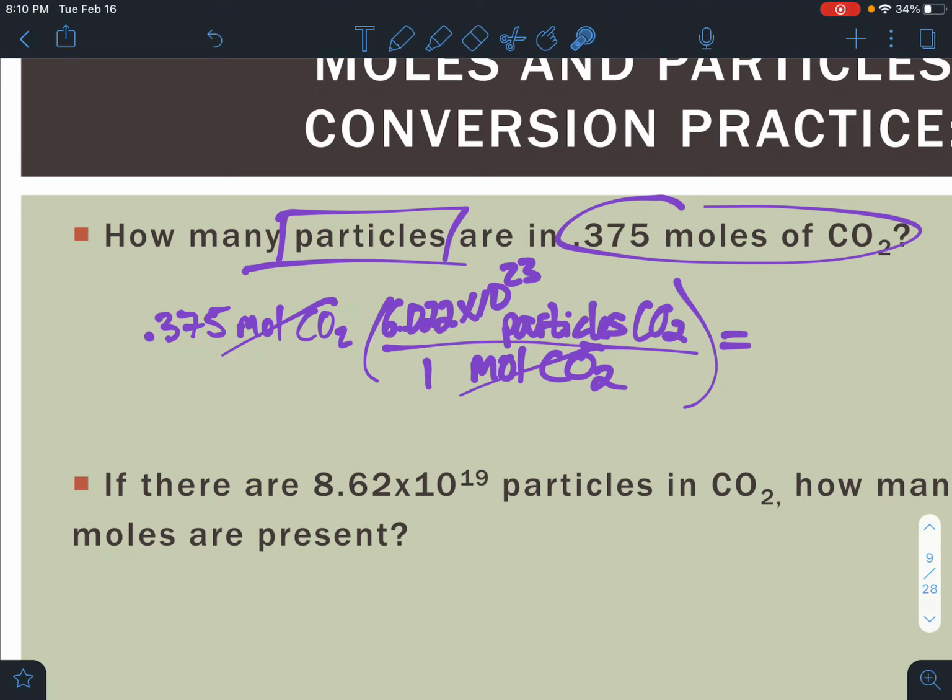We have 0.375 times 6.022. Find your E button. If you have to hit the second, hit second, and then find the button with the E. And then type your exponents in, 23, and hit equals.